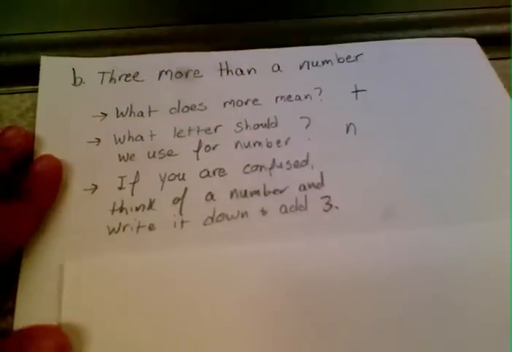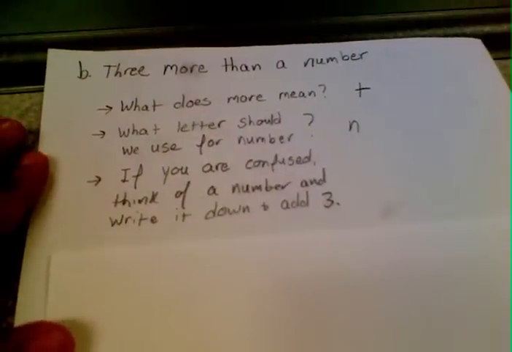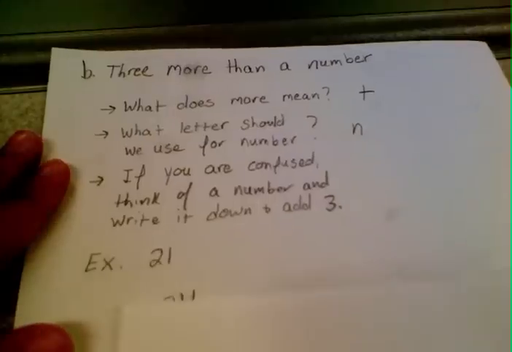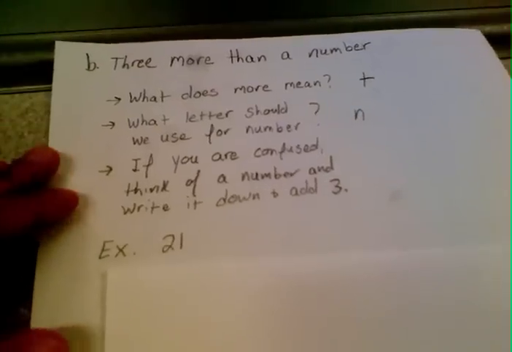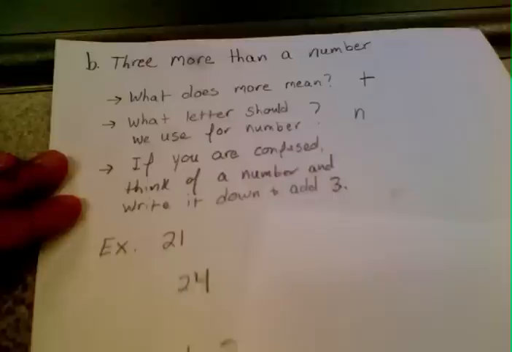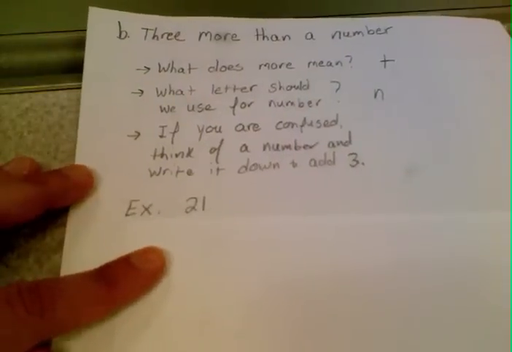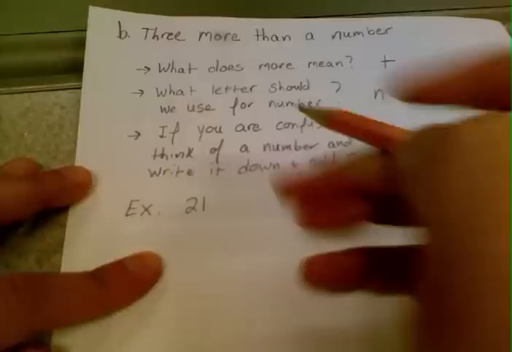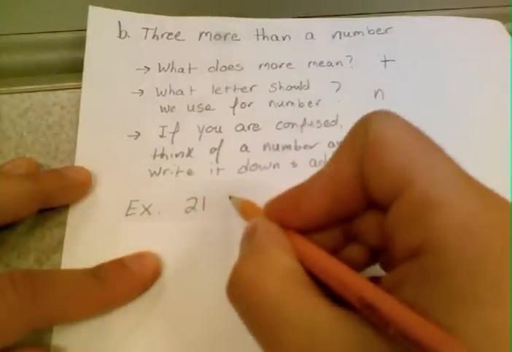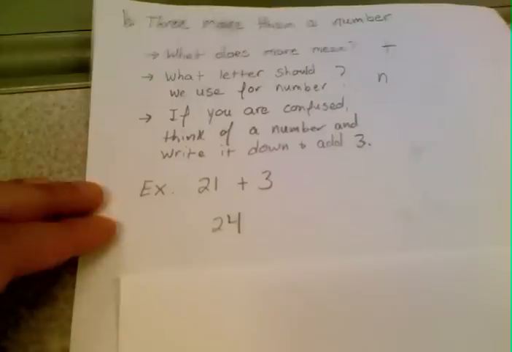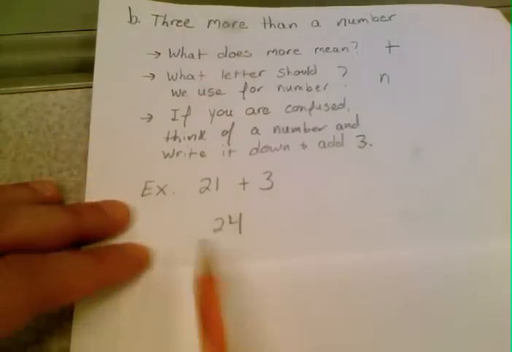If you are confused, think of a number and write it down and add 3. So with this expression, 3 more than a number, let's say I want to come up with an example here of 21. Well, I'm going to think of the number 21, and it says 3 more than the number. If I just made up 21 here and then added 3 to it, I would have my answer of 24. But again, we don't have to solve here.